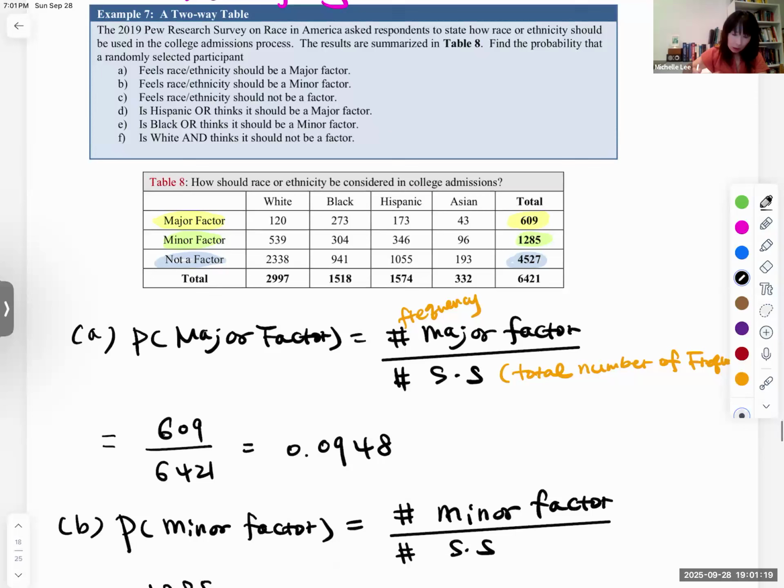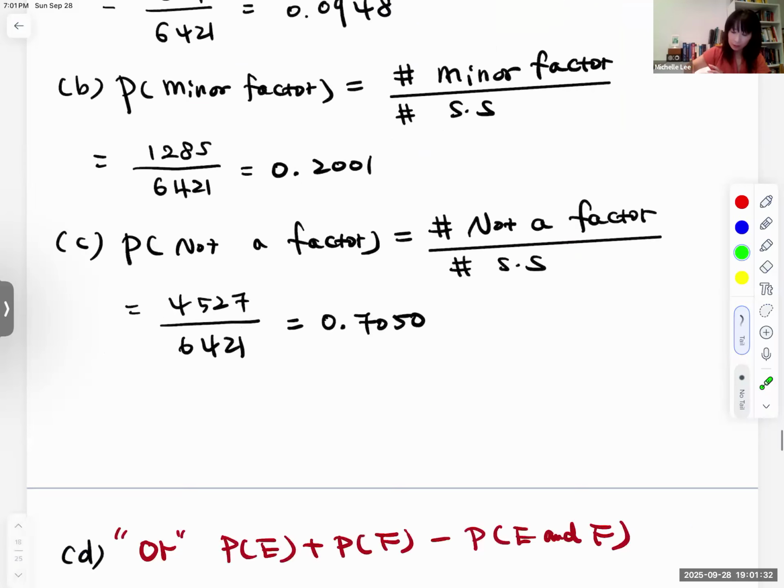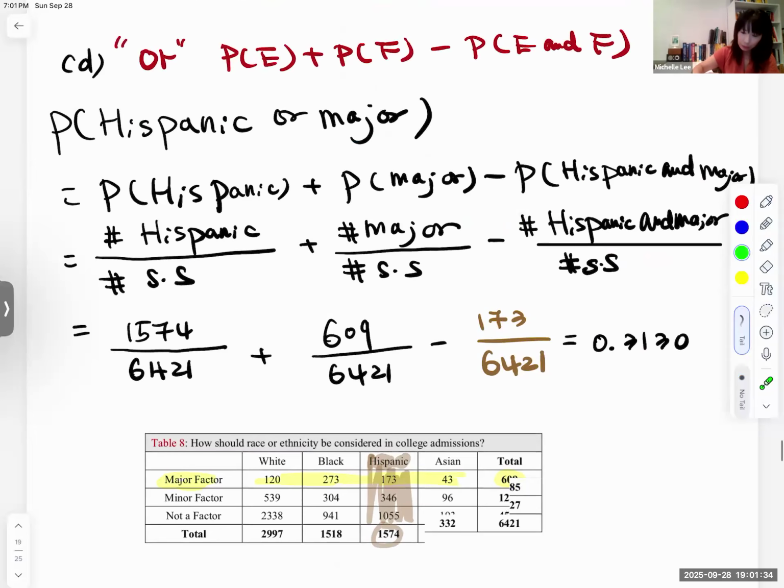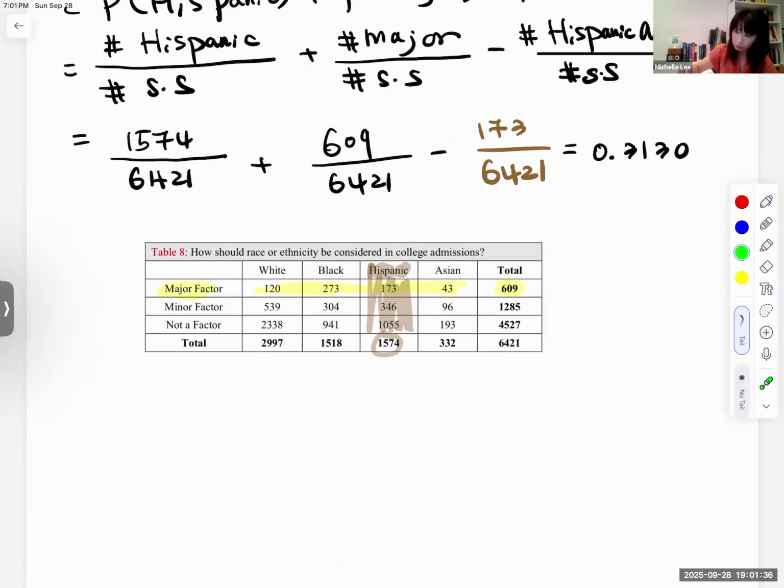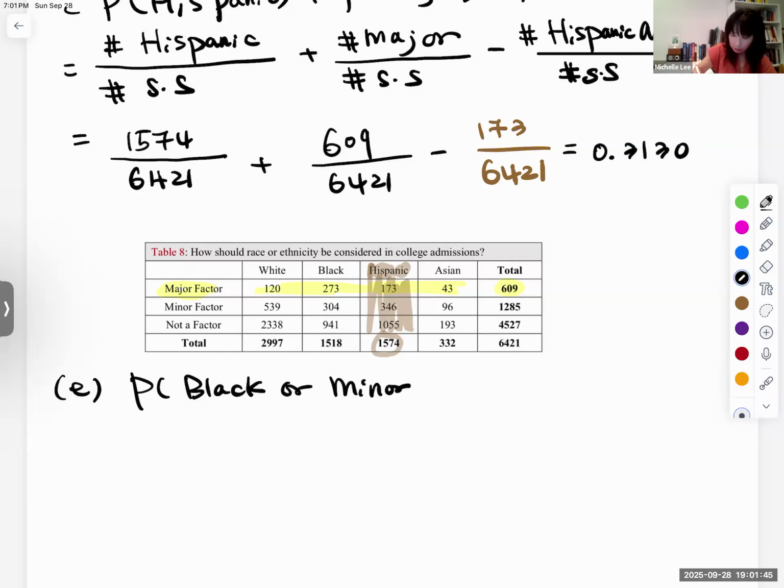Okay, let us do the next one. Oh no, two more. Okay, we have also or part. So similar, right? So black or minor factor. Let's do it. Yeah, let me denote it this way, right?